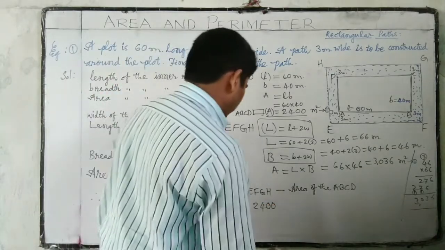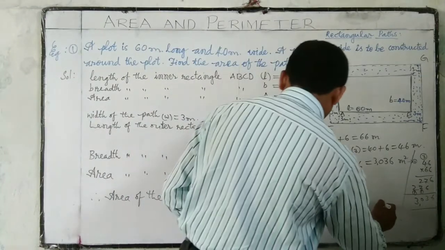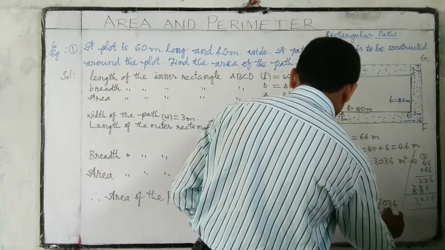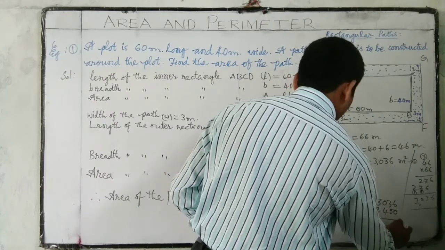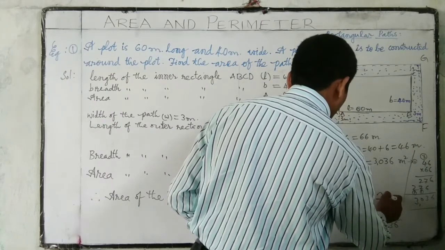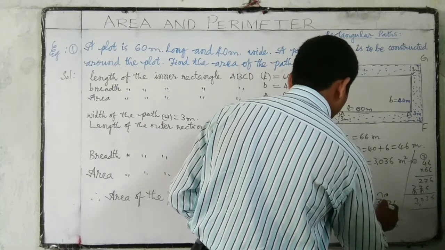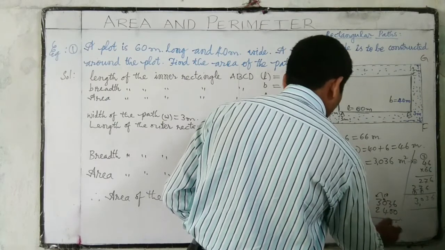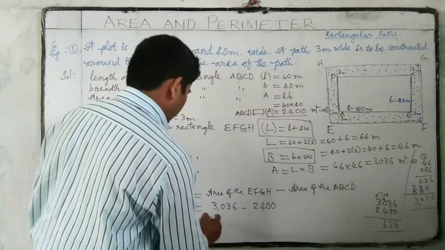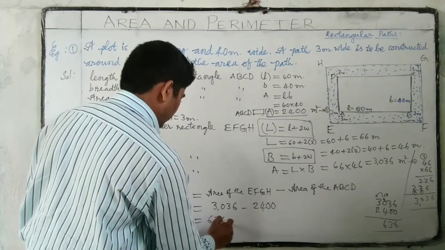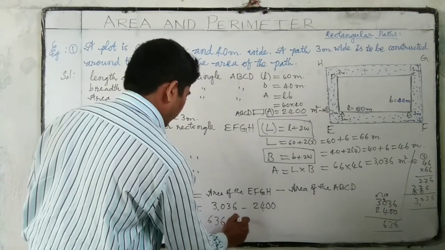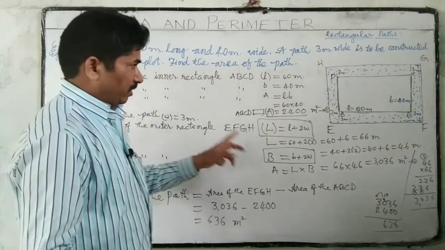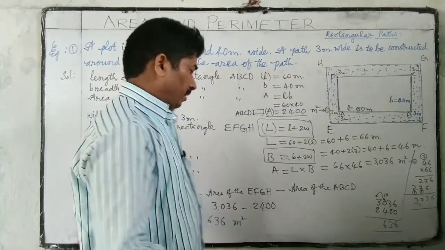If we subtract this, here we can do 3036 minus 2400, 636 meter square. So this is the area of the rectangular path.